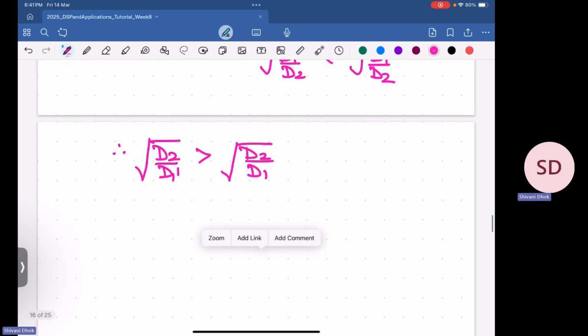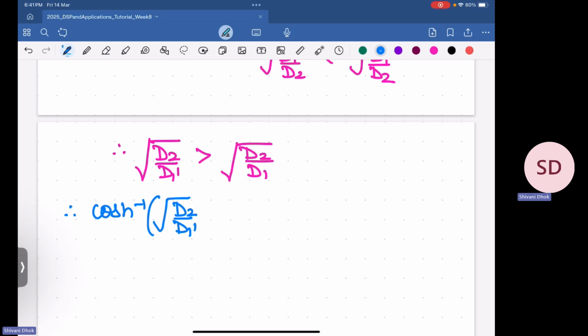So what do we get? Now if I take cosh inverse on both the sides, the inequality remains same because cosh inverse is a monotonically increasing function. So therefore cosh inverse of under root of d2 by d1 prime is greater than cosh inverse of under root of d2 by d1.